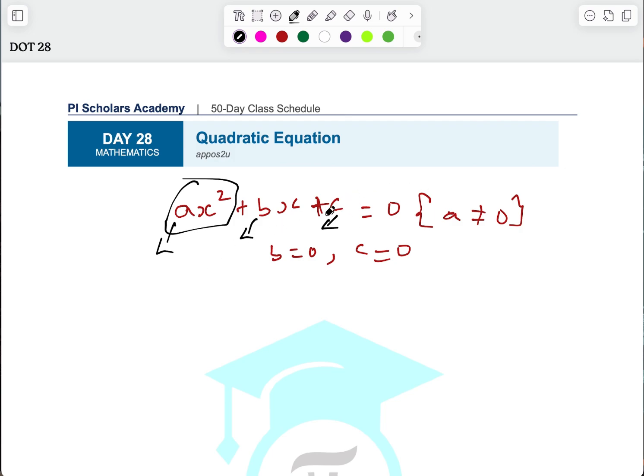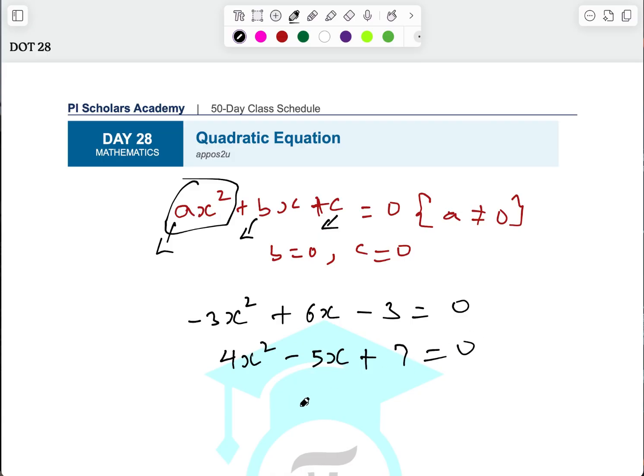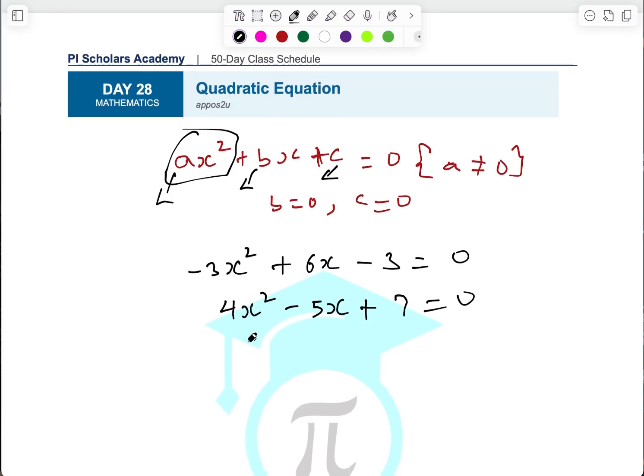So therefore, let's do a little bit of exercise here. If I say negative 3x squared plus 6x minus 3 equals 0, and I give another equation, 4x squared minus 5x plus 7 equals 0. Then I have another expression: 2x minus 14x squared equals 0.